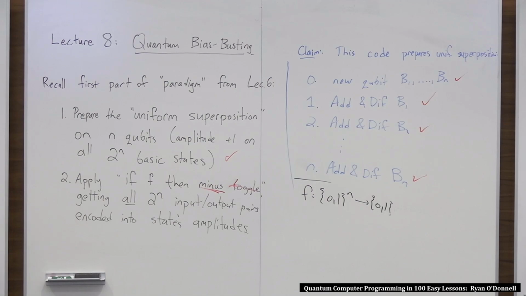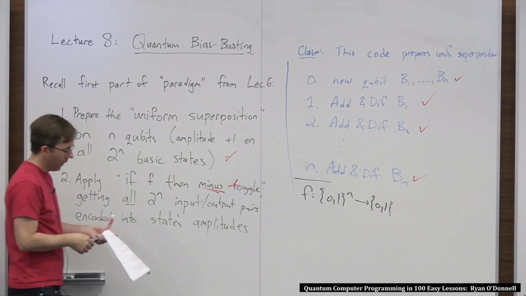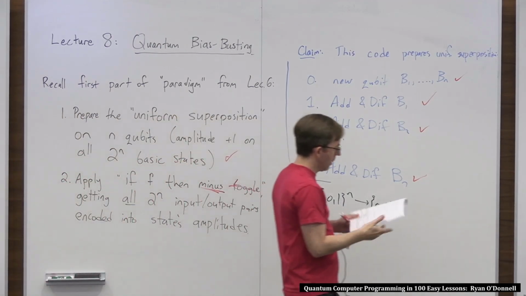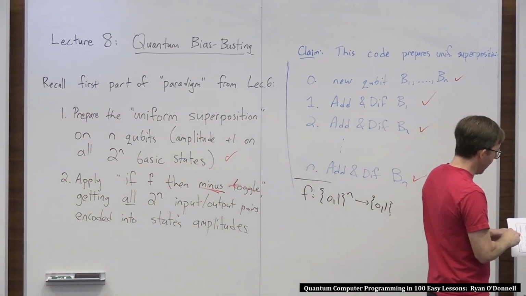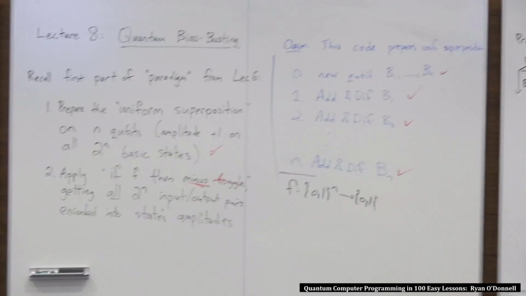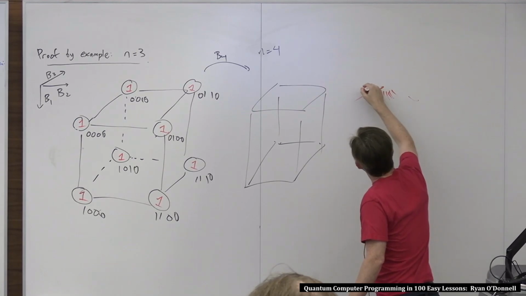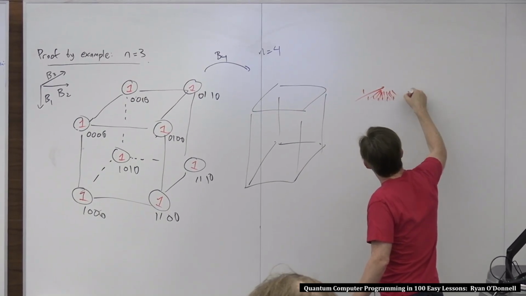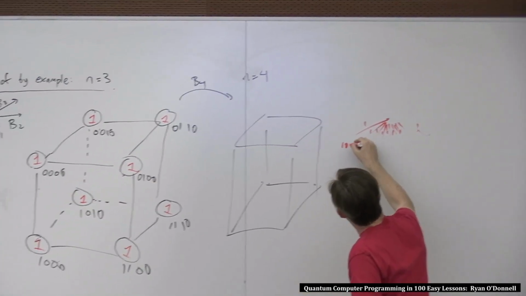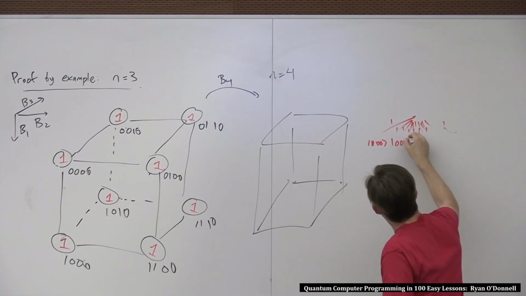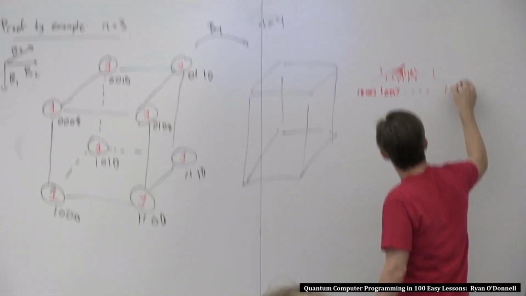And now we can do it. Now we can apply f to this state. Well, we can apply this line to this state. And let's remember what that does. We're in some complicated state here that looks like amplitude 1, 1, 1, 1, 1, 1, 1, 1 on every possible n-bit string.